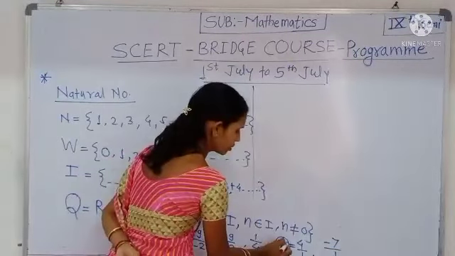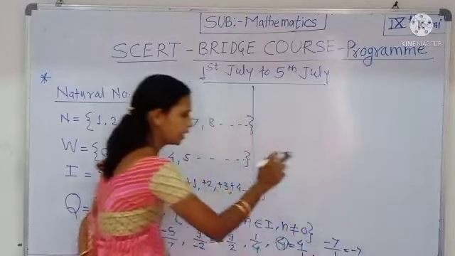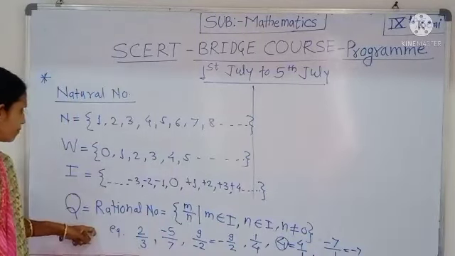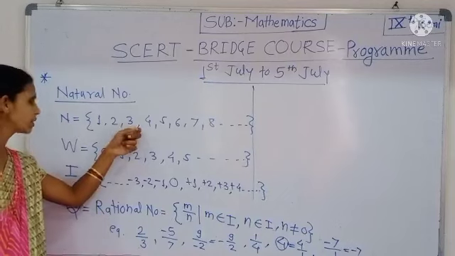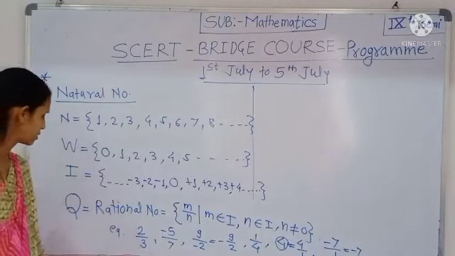That means 4 and minus 7 are also rational numbers. That means all natural numbers, all whole numbers and all integers are rational numbers.